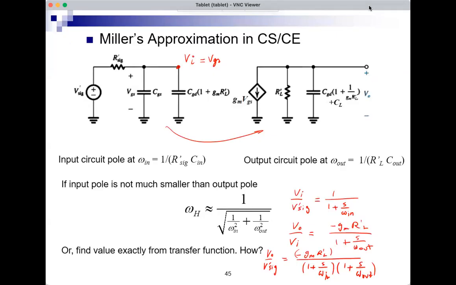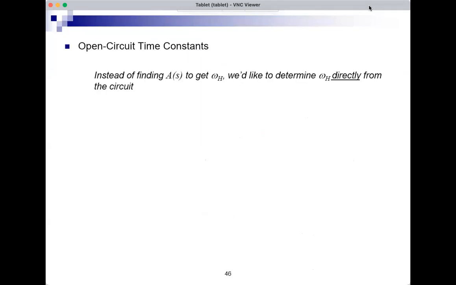Now let's move on and discuss this open circuit time constants method, which is an improvement over the methods that we have seen, which require that we know the transfer function.